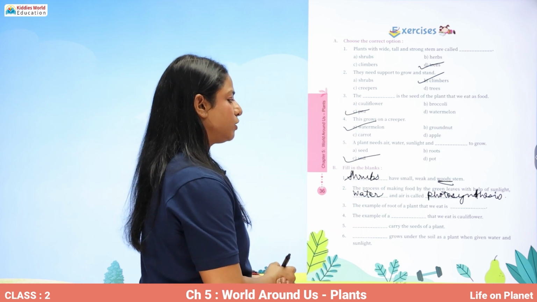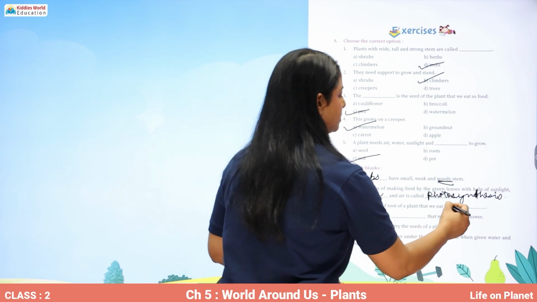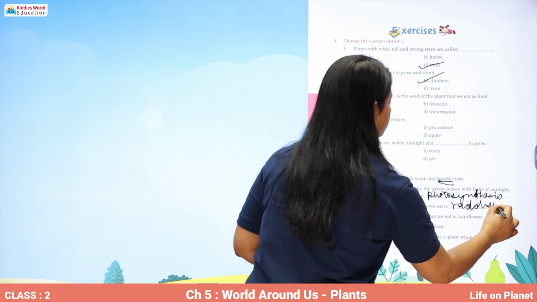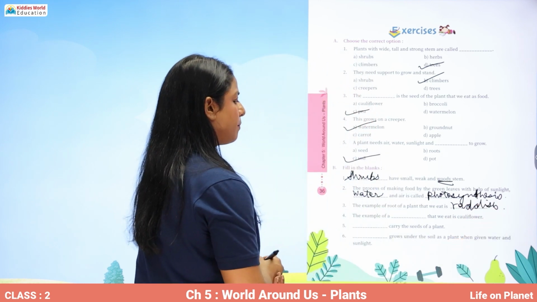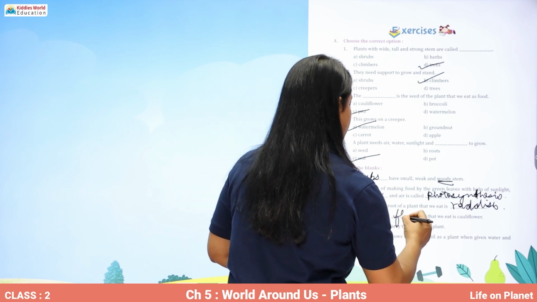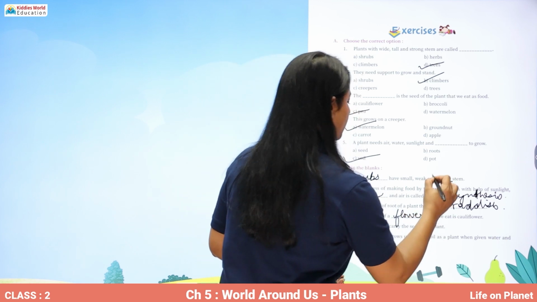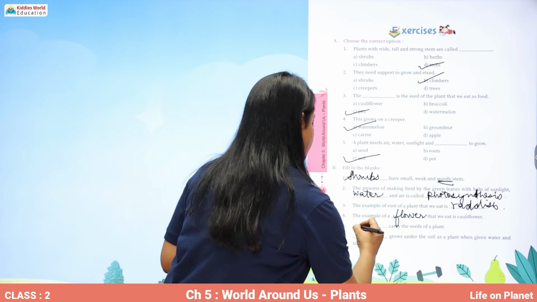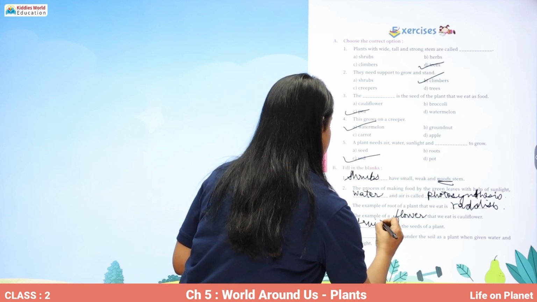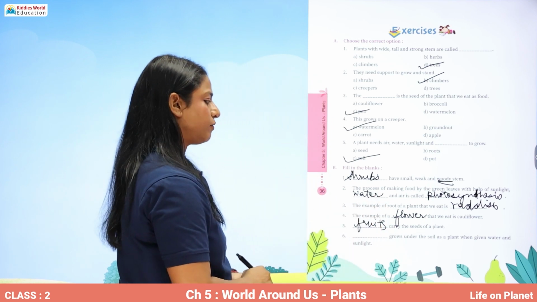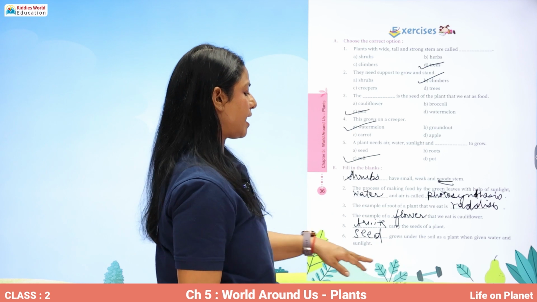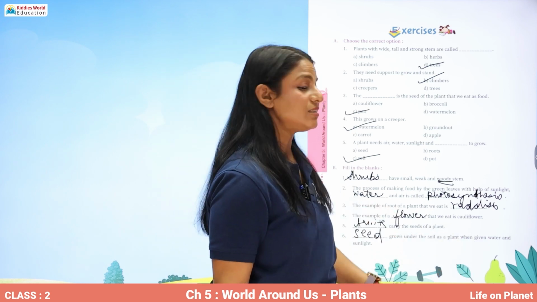The example of the root of a plant that we eat is radish. Example of a flower that we eat is a cauliflower. Fruits carry the seeds of a plant. Seed grows under the soil as a plant when given water and sunlight.